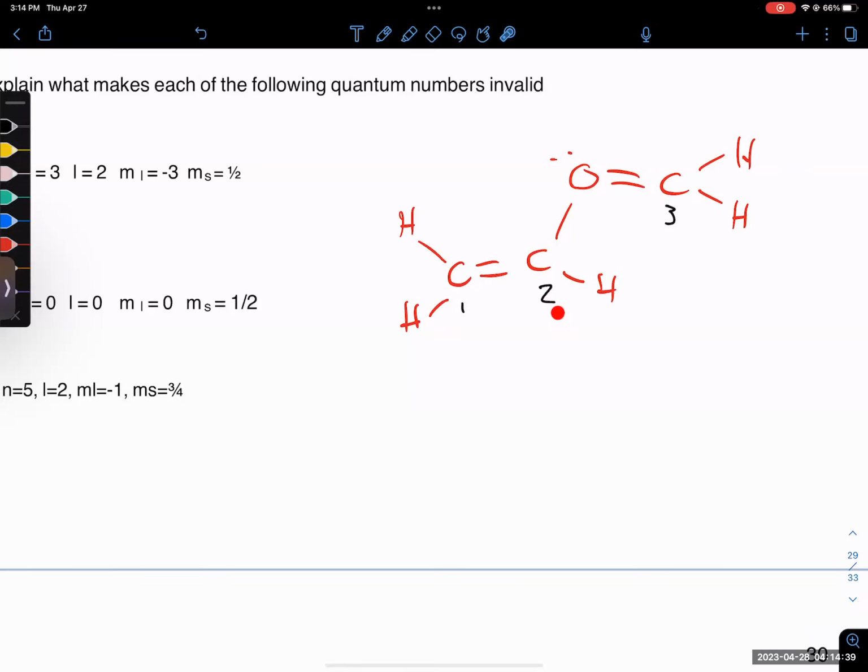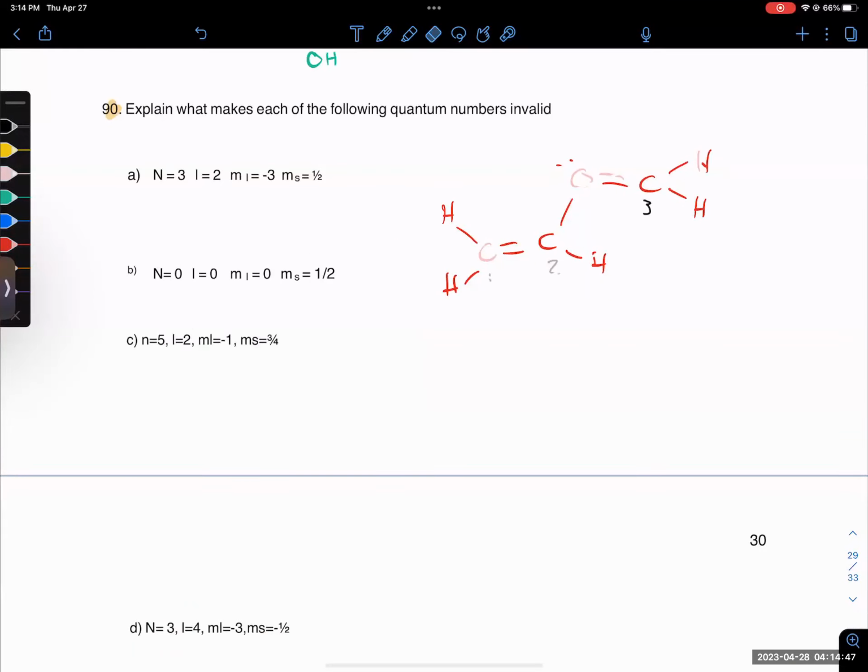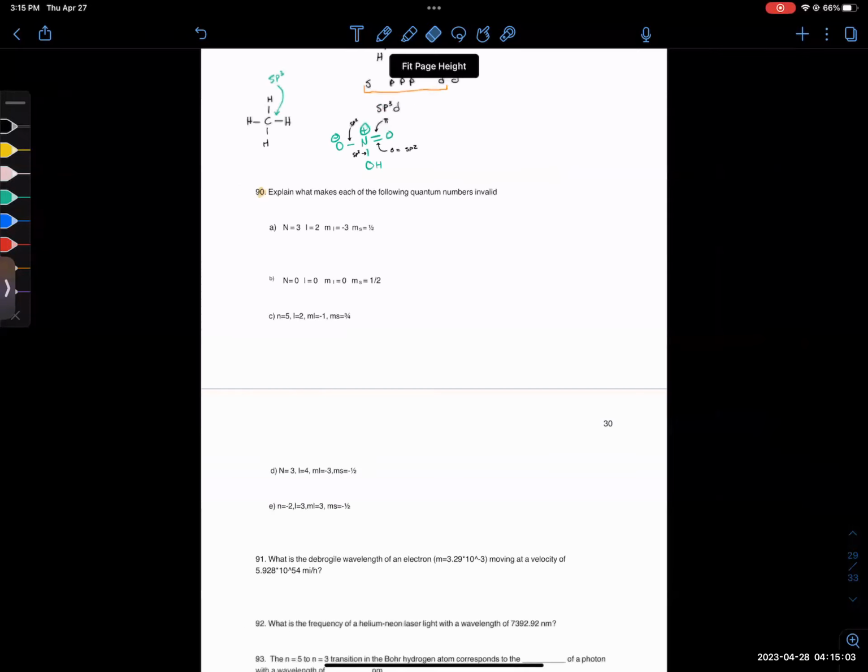It'll be a multiple choice question: sp, sp2, sp3, sp3d, and sp3d2. So you'll get a weird looking compound. Don't be scared of how big the compound is. You're either asked what the hybridization is, or how many pi and sigma bonds are in this compound. Got it?